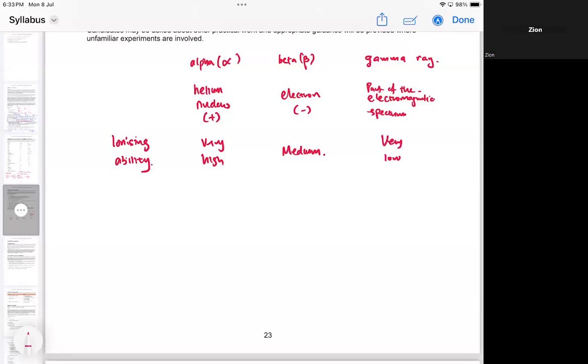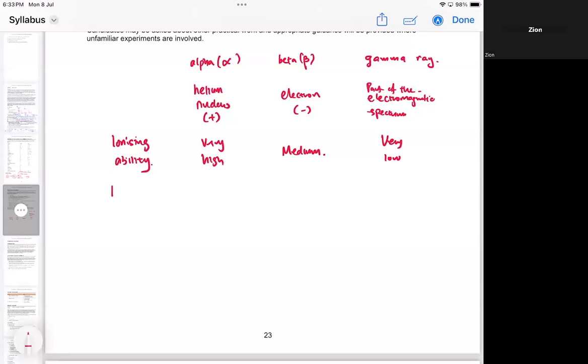Very low doesn't mean they don't have any, it's just that it doesn't change substances into ions very easily. High ionization means they can ionize particles easily, that's all.